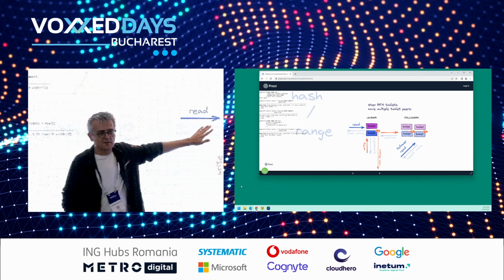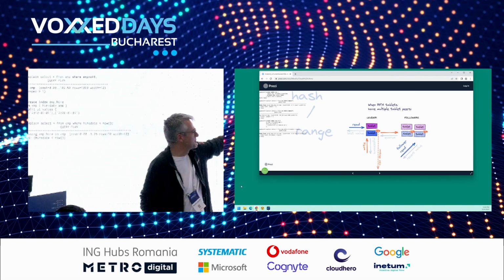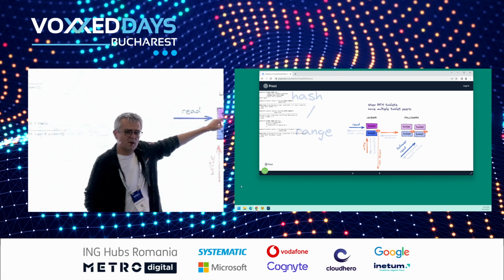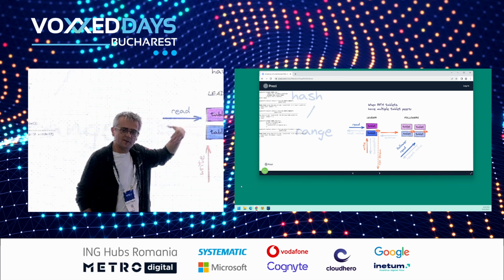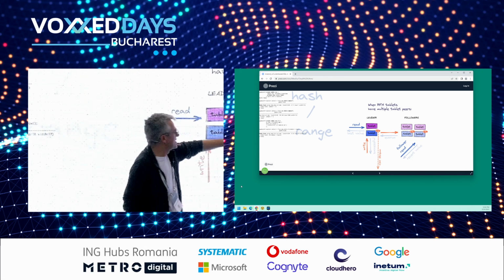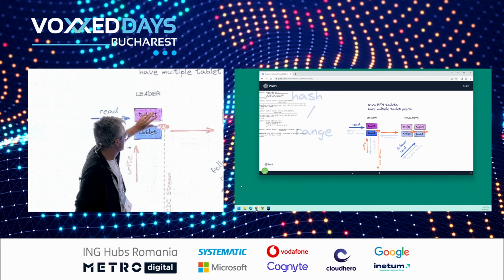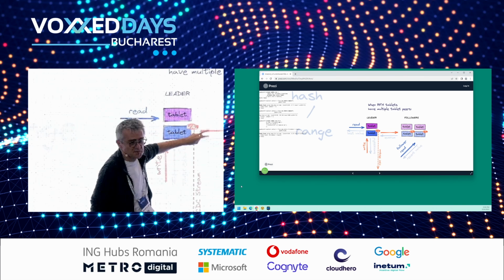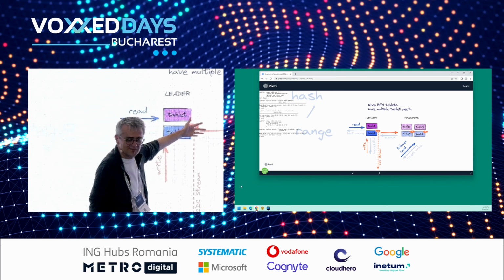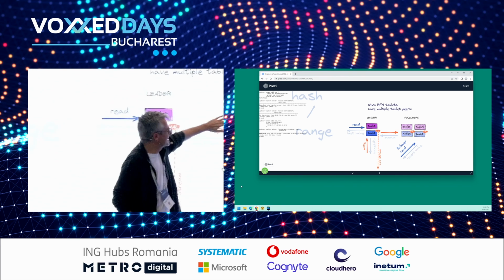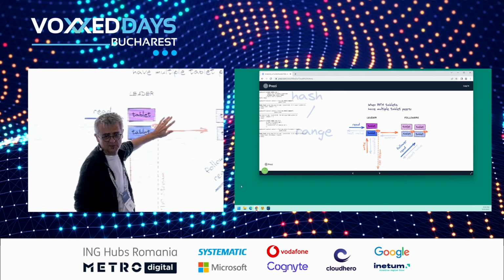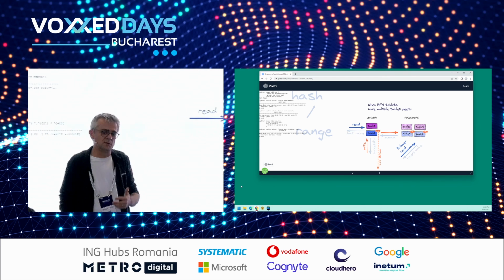By default, we keep 15 minutes of those logs. The leader keeps 15 minutes of those logs. So if this one comes back and still has data, because it was a network error, not a disk error, then it can just catch up with the latest changes if it comes back within 15 minutes.